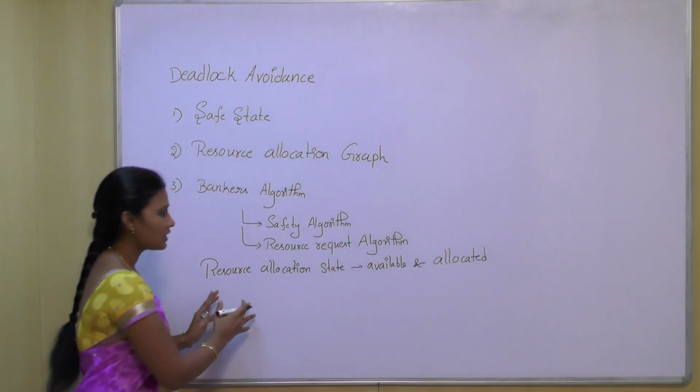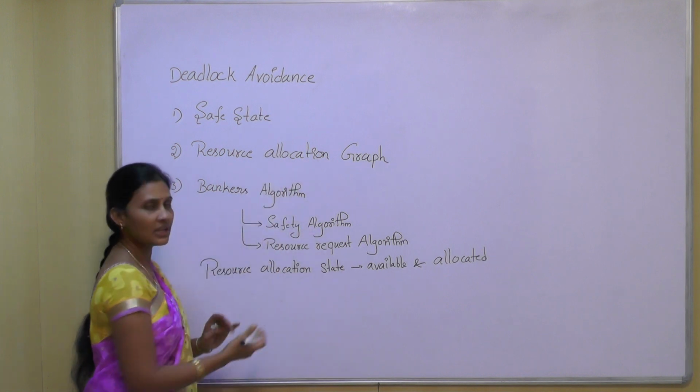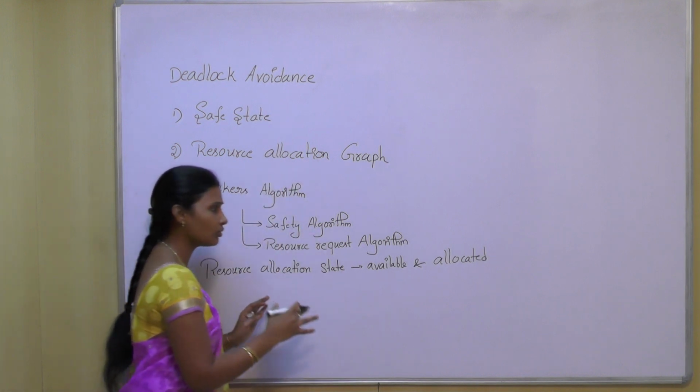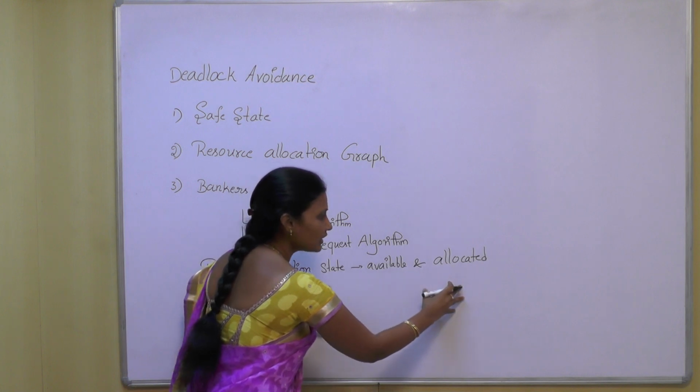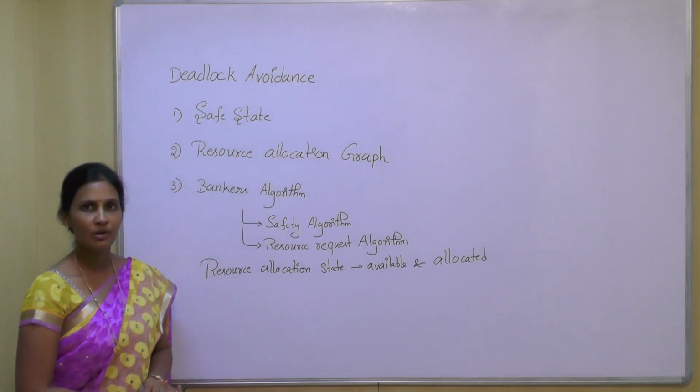So in the resource allocation graph, we concentrate on the available resources, the allocated resources, and the maximum demand of a process.